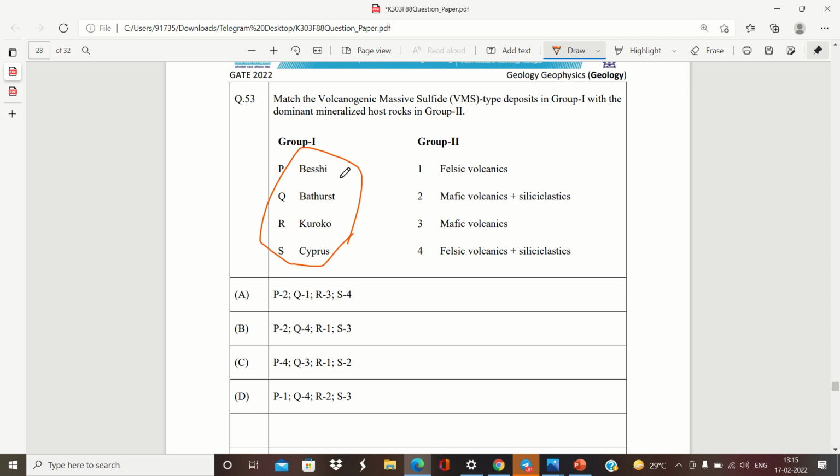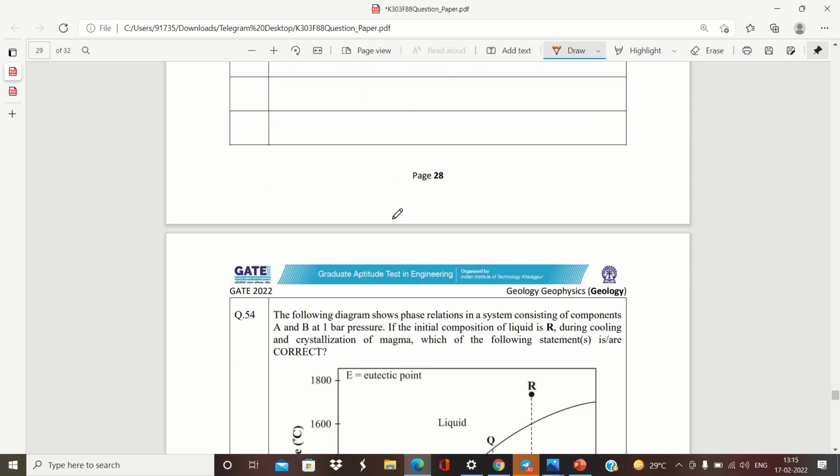So here the P belongs to felsic volcanics and Q belongs to the felsic volcanics, Kuroko belongs to the mafic volcanics, and siliciclastic, and S, that is Cyprus, belongs to the mafic volcanics. So this can be the sequence, and our correct option will be 4, where? Okay, P4, Q3, wait, I have done something wrong. Okay, I will check it again and then we will see.